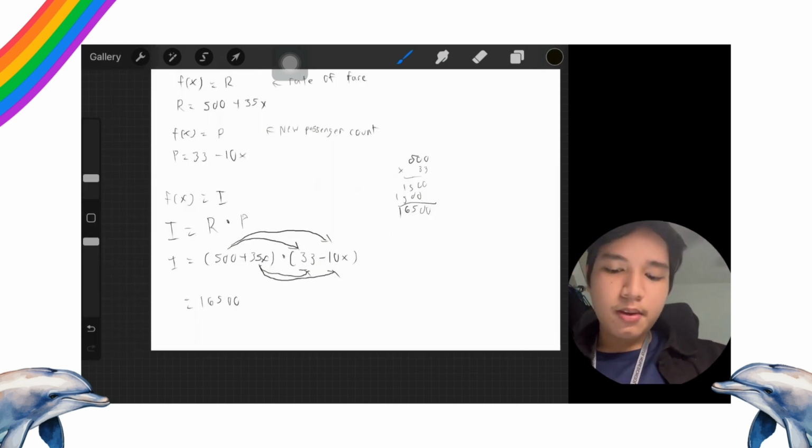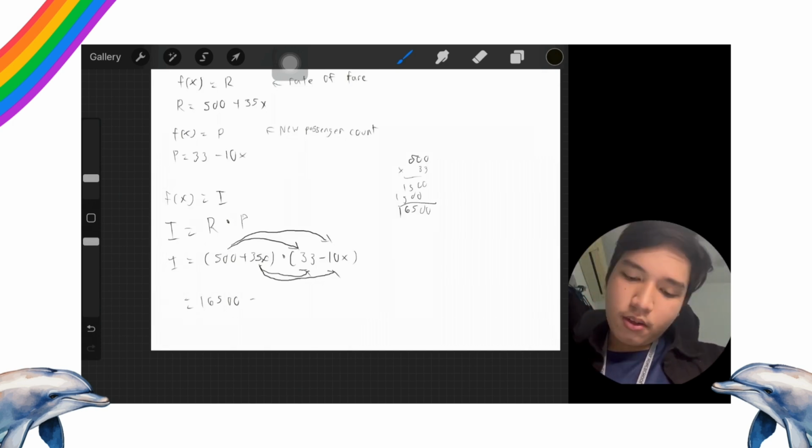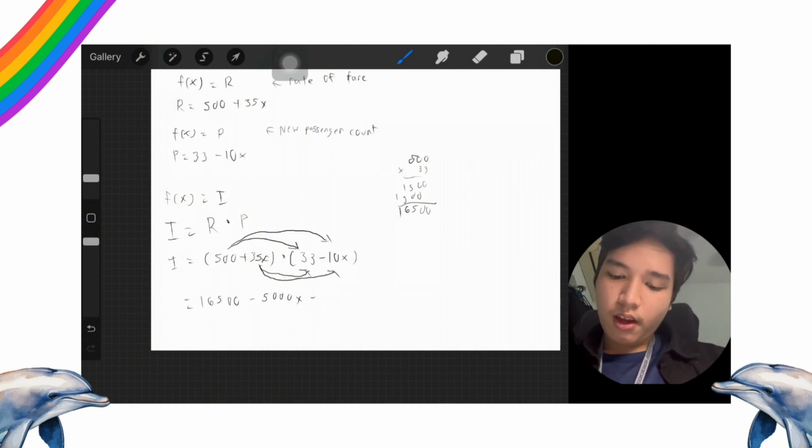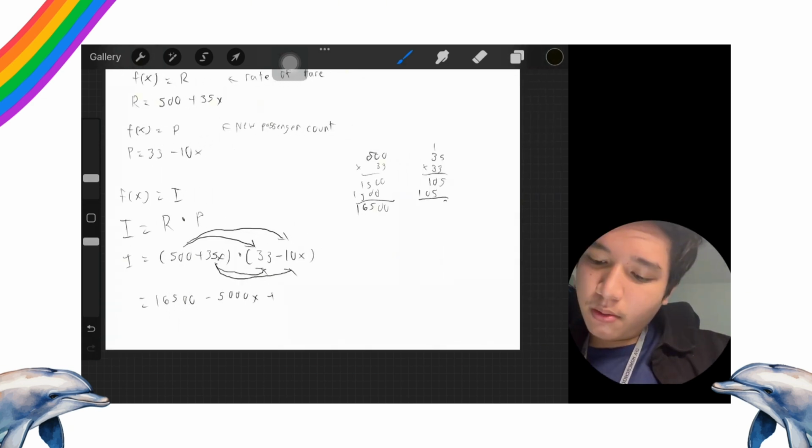The next step is 500 multiplied by negative 10x, which is 5000x. Next step, 35x multiplied by 33. So drop down 5, drop down 5, drop down 1, drop down 1.